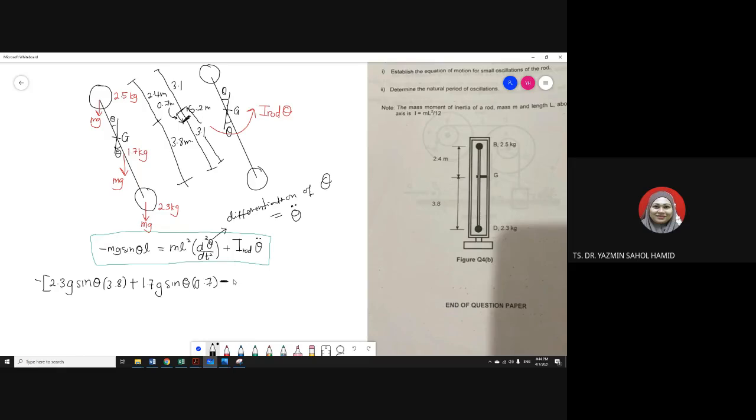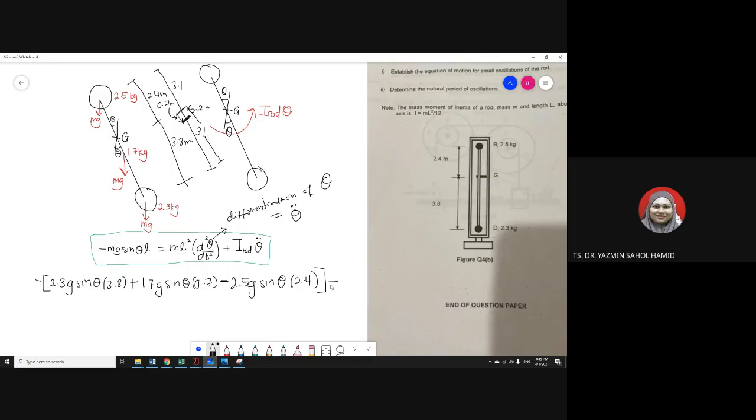So it becomes negative 2.5 G sine theta, multiplied by its length, which is 2.4. And then close the bracket. Because later, negative multiplied by 2.3 gives negative, negative multiplied by 1.7 gives negative, negative multiplied by negative 2.5 gives positive.